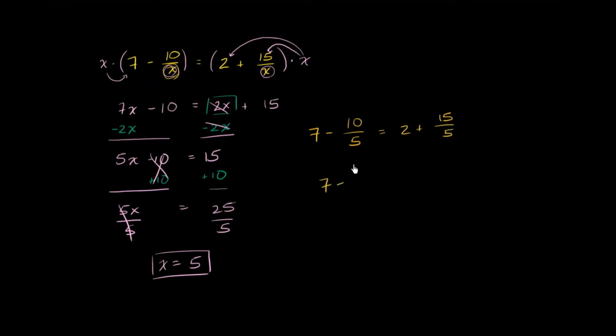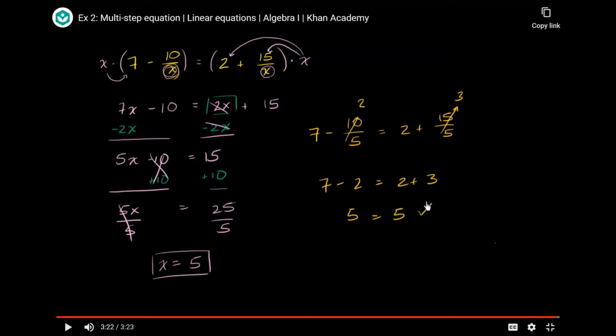So 10 over 5 is just 2. It needs to be equal to 2 plus 15 over 5, which is just 3. So 7 minus 2 is 5, and 2 plus 3 is 5. 5 is indeed equal to 5. And we are done. That means you did it correctly. You did it correctly. Okay.